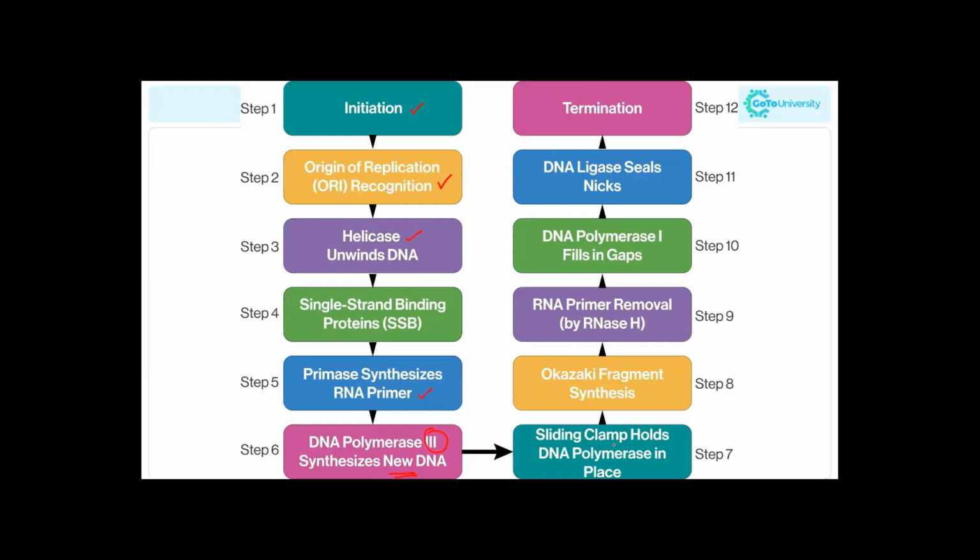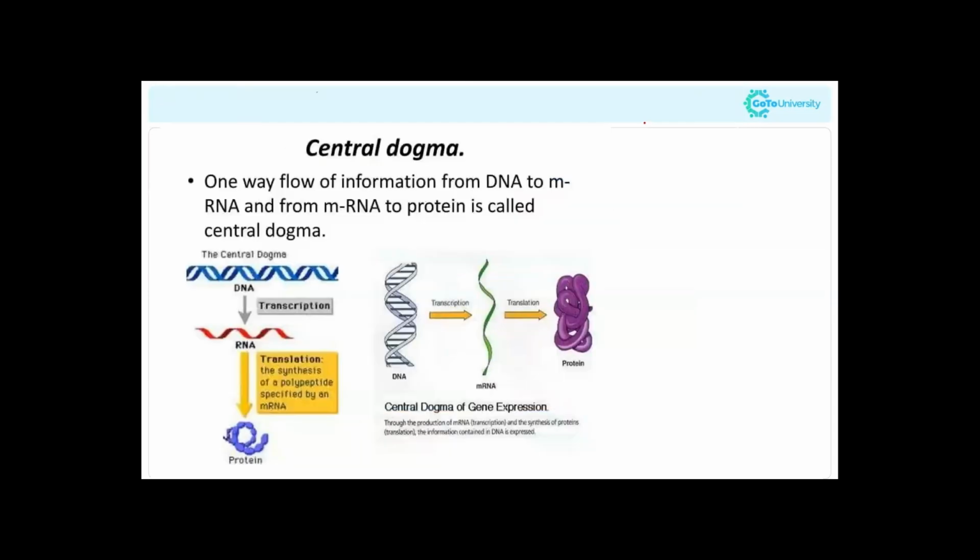Then the sliding clamps hold the DNA polymerase in place. We have the Okazaki fragments synthesized there, which are the discontinuous newly formed DNA strand. Then the RNA primers are removed by RNase H, and DNA polymerase 1 fills in the gaps. The DNA ligase seals the nicks between the Okazaki fragments, and finally the termination. So these are the steps of DNA replication.